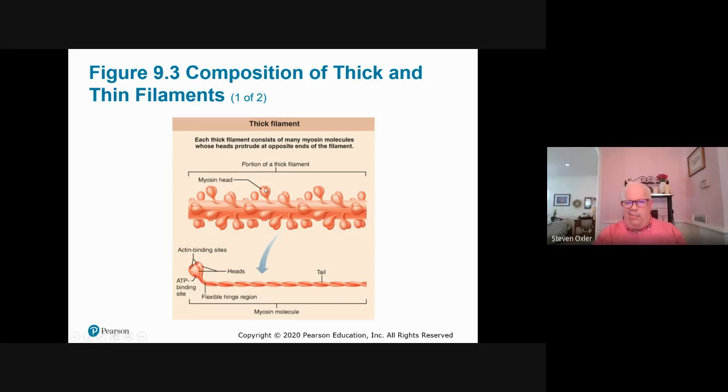A golf club will have an opening in it, and it will connect to the actin heads. So the two heads connect. The myosin and the actin heads connect. But they cannot connect without the regulatory proteins. And the regulatory proteins are tropomyosin and troponin.